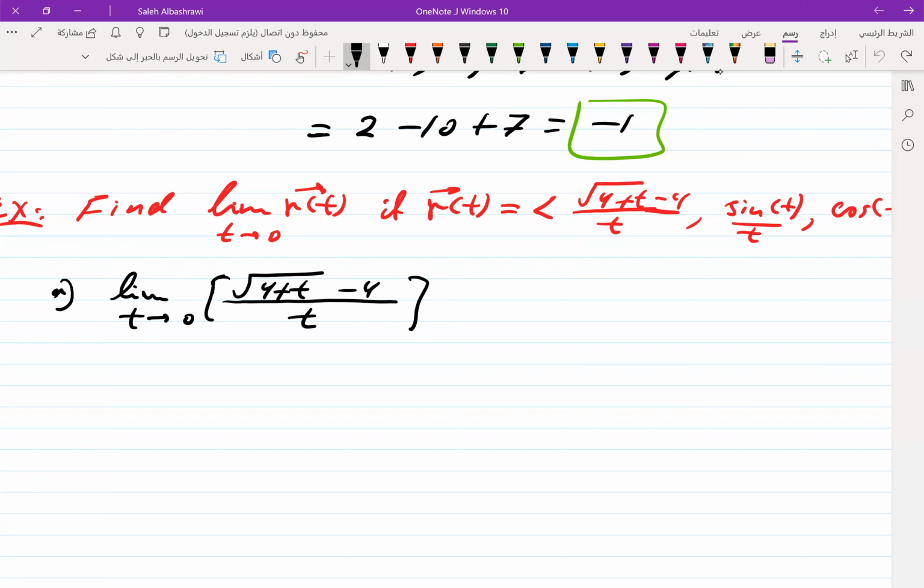Or no, this is not 0 over 0, sorry. It will be 0 over 0 if it is minus 2. So I will change this minus 4 to make it minus 2. Otherwise, the limit does not exist.